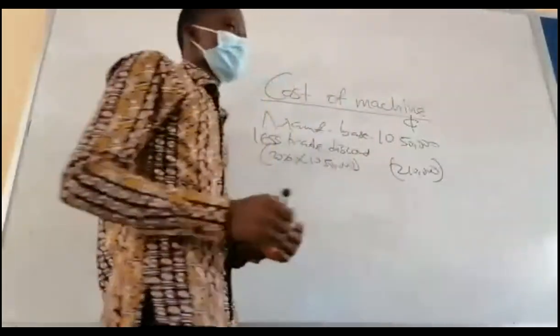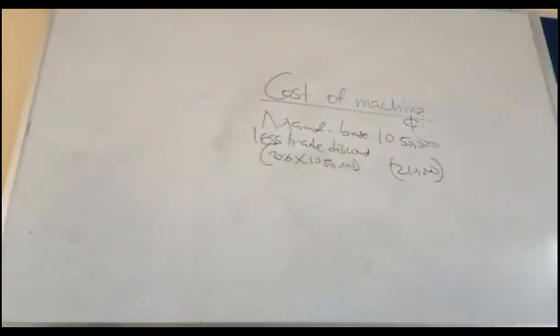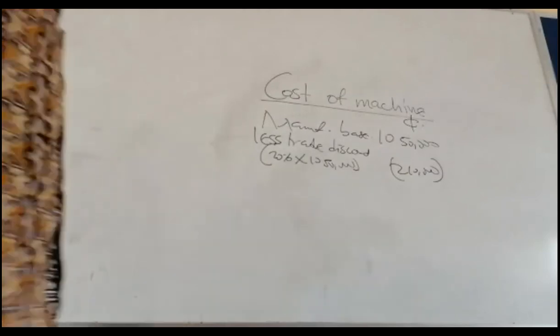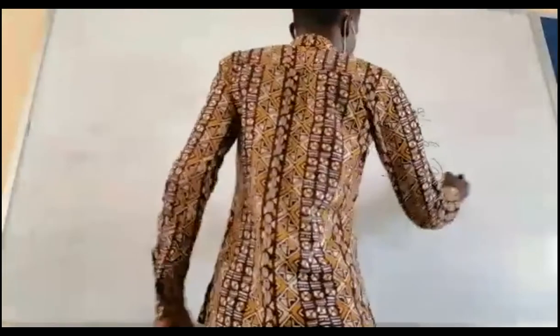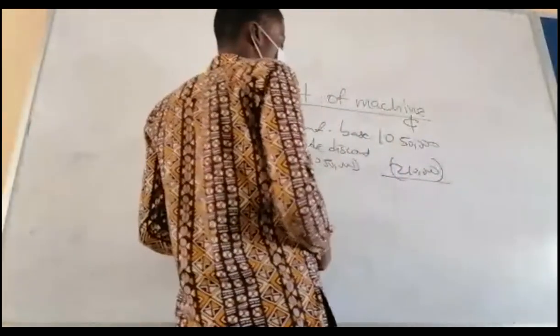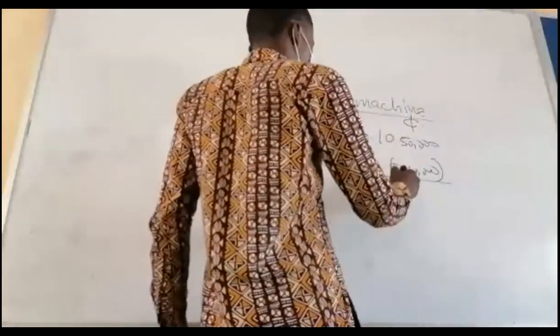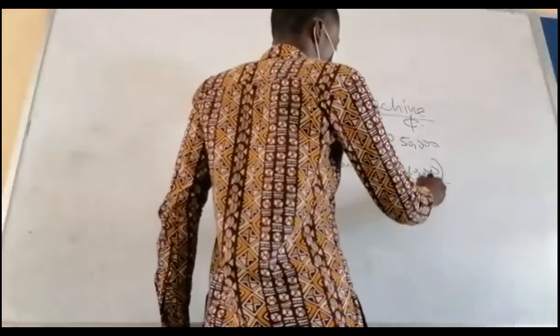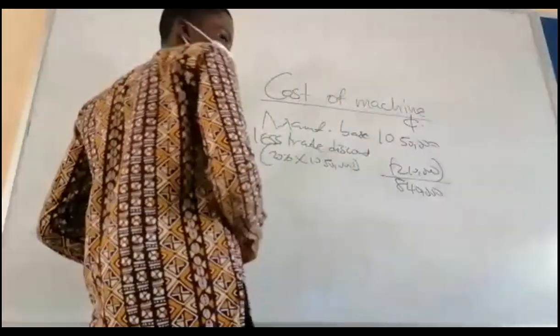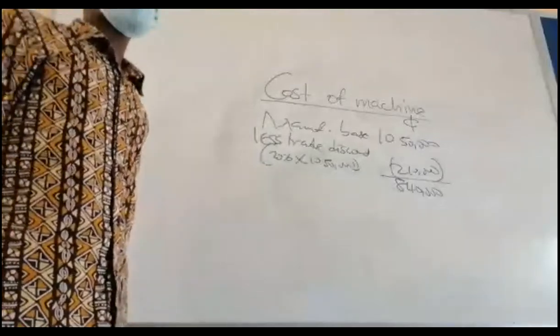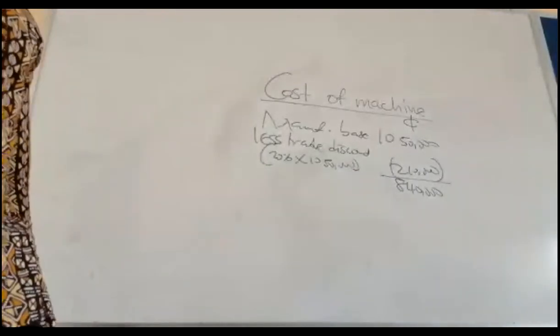So if the trade discount is 210,000, what will be the value that we will get after the discount? How much will be the payable amount? The payable amount will be 840,000. This minus this gives us 840,000. Then move on to the next item on the list.